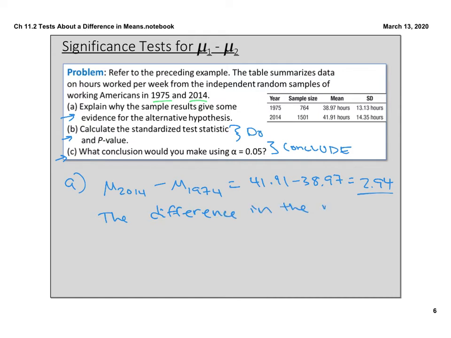I should say, the difference in the sample means, I should have put that word sample in there, sorry. The difference in the sample means is not 0, which is why we would test in the first place.